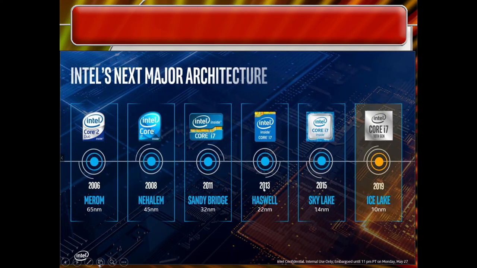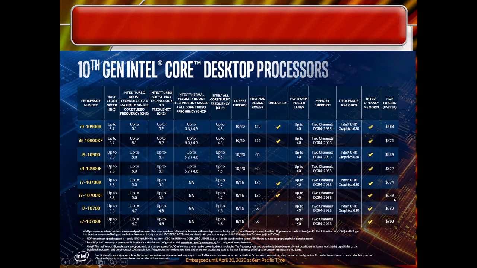This is Core i7 in 2013, and it's Core i7 and Core i7 10th generation. So different generations are also mentioned here. For the 10th generation Core desktop, we have certain details over here.